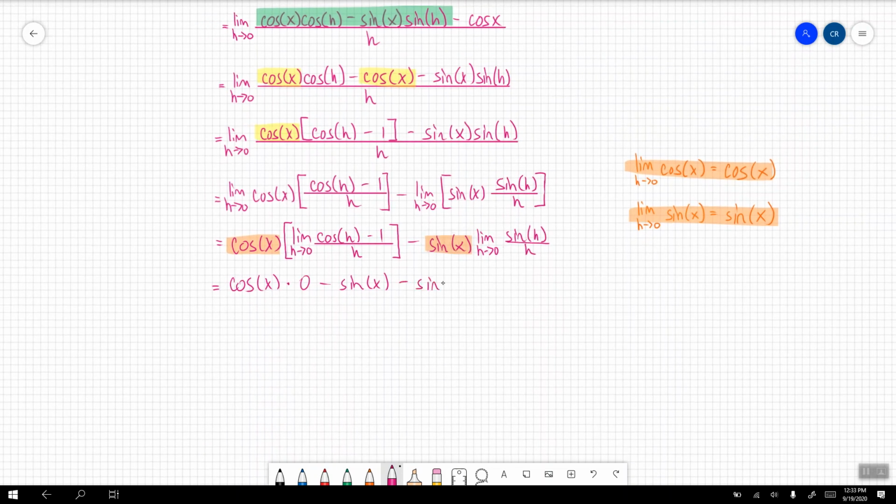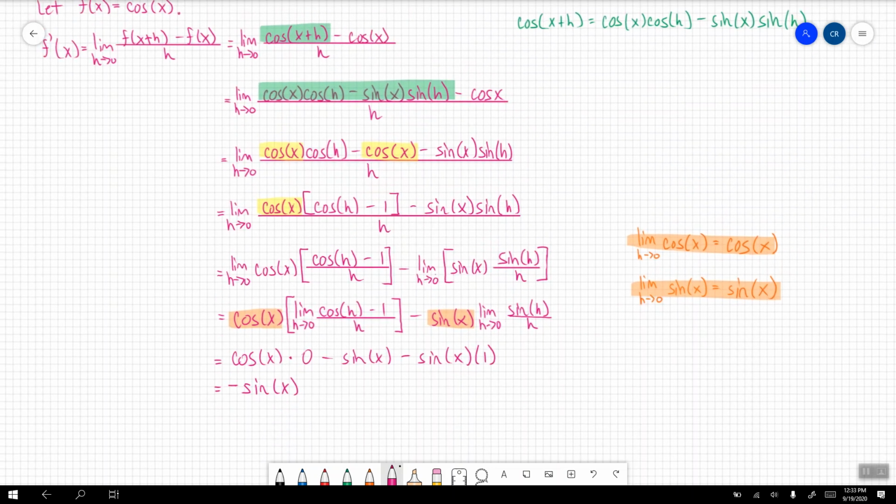So we get negative sine of x multiplied by 1. Once everything settles, we're left with the answer of negative sine of x. And remember, this signified that we were taking the derivative of my function, and my function was cosine.